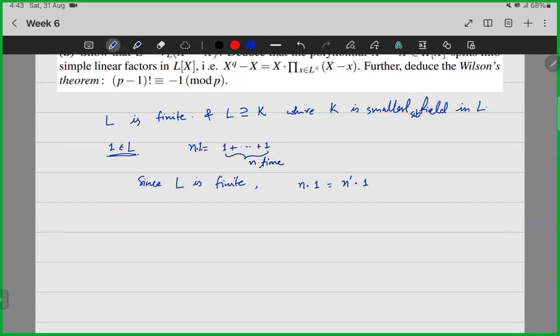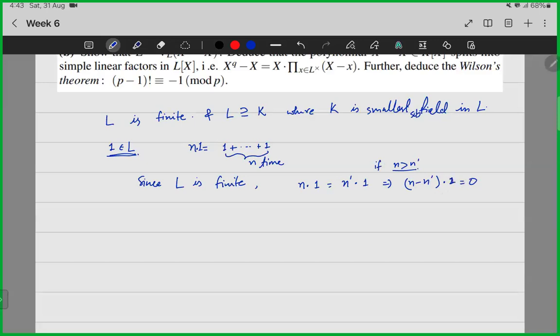Some repetition will be happening, and this implies that n minus n prime into 1, after cancelling, if n is bigger than n prime, will be equal to 0.